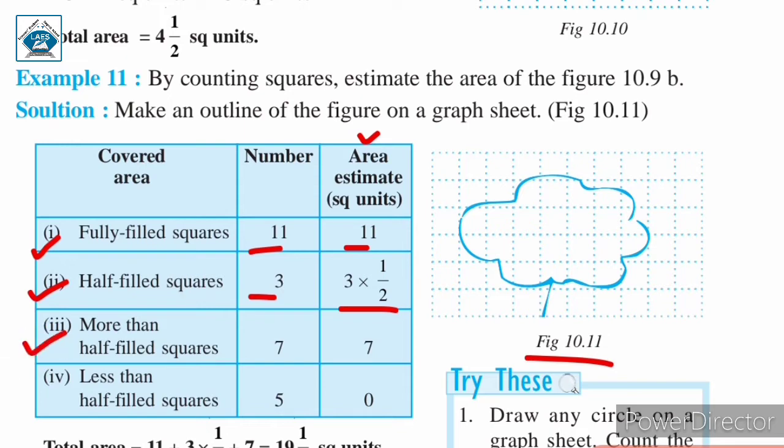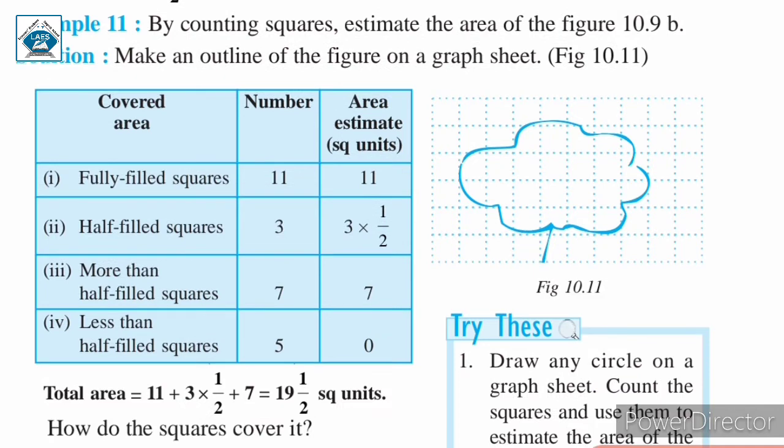More than half filled squares we consider as full, so if there are 7 squares that are more than half filled, for example this square is more than half filled, then we will count it as 1 square, so the area will be 1 square unit. And if we have less than half filled squares, then we will not consider their area.